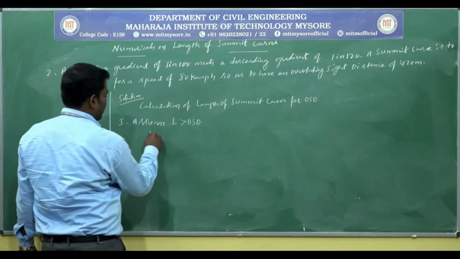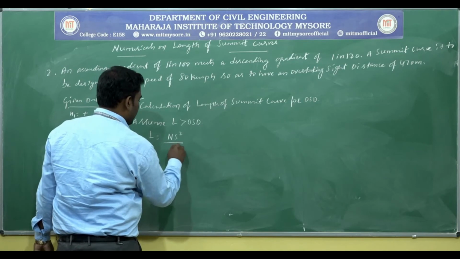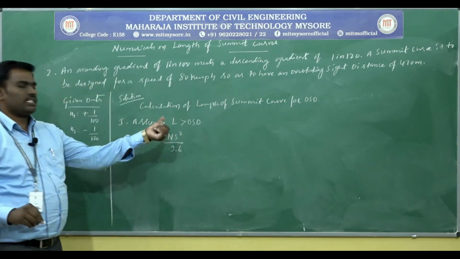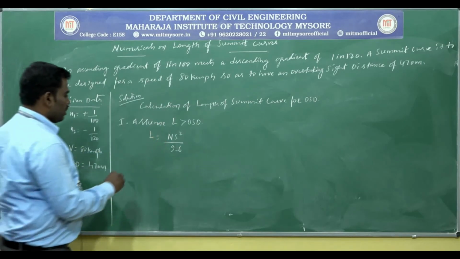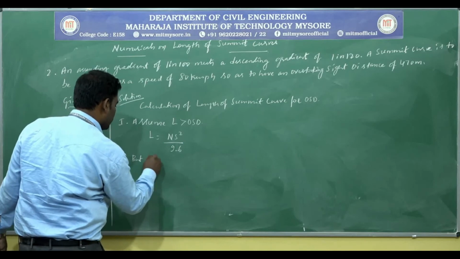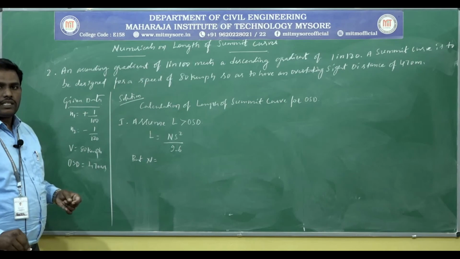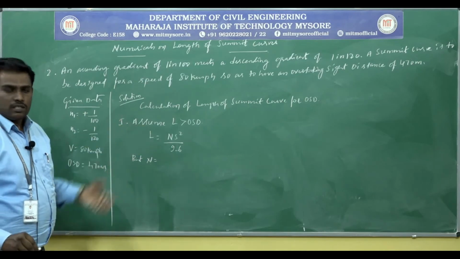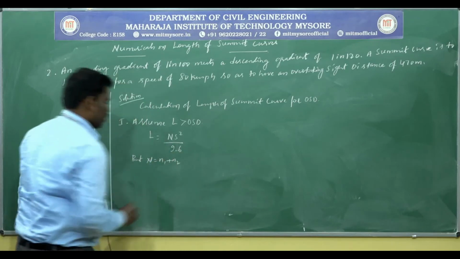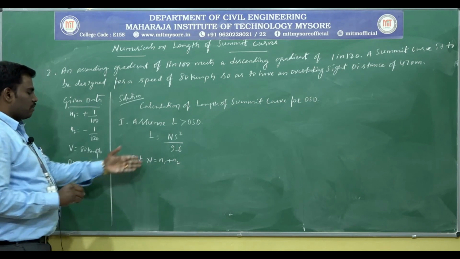For this we have the equation L is equal to N S square divided by 9.6, where N is the deviation angle and S is the overtaking sight distance. But N is equal to what? They have given the ascending gradient followed by a descending gradient. It is the third case of summit curve. Then it becomes N1 plus N2, the algebraic difference between two intersecting gradients.